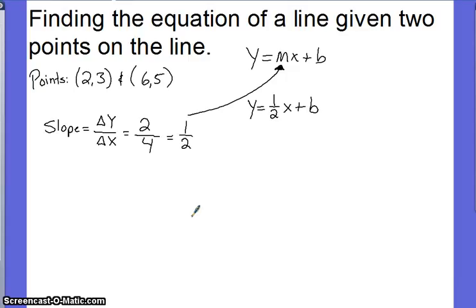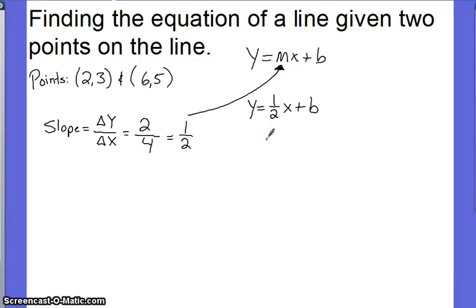Now I've come down to the point where I just need one more piece to be able to make this equation happen. I need this y-intercept. How do I find that y-intercept? I don't have the y-intercept given in my points, so I need to find it by plugging in one of these 2 points.